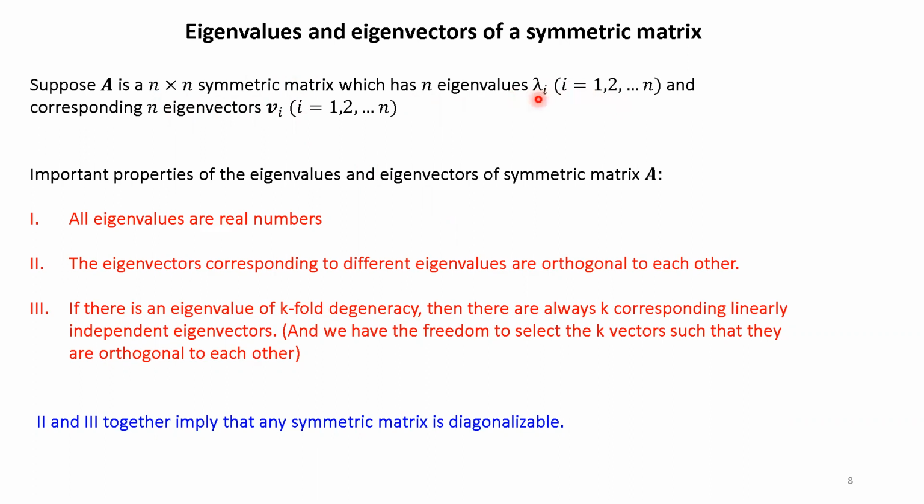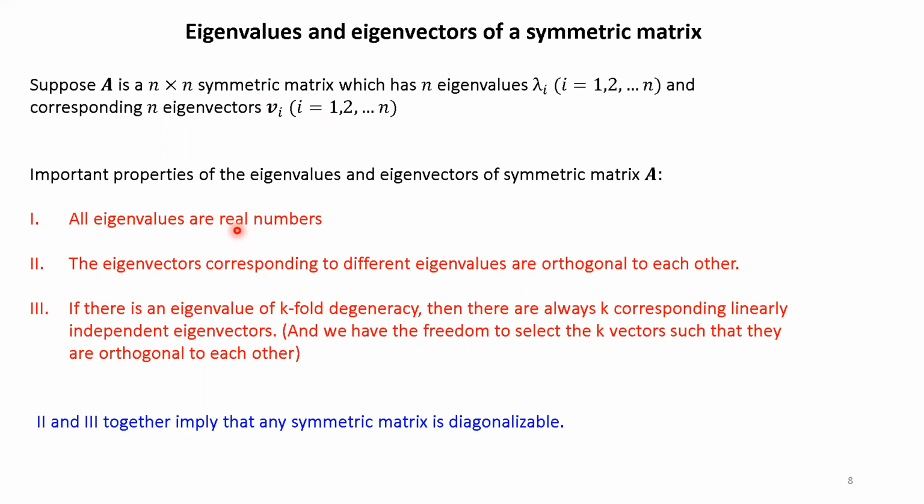Of course, it's possible that some of them are repeated, but anyway, there are n eigenvalues, corresponding to n eigenvectors. So what are the nice properties? The nice properties are that all the eigenvalues are real numbers.